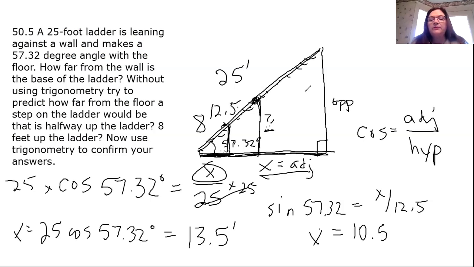How far from the ground? We're again going to use sine, right? Opposite over hypotenuse, that's x over 8, so x equals 8 times the sine of 57.32. So read through this one again, do the work again so you have it in your notebook. This is a good example.